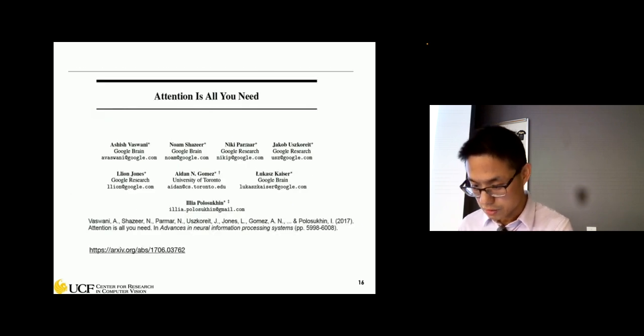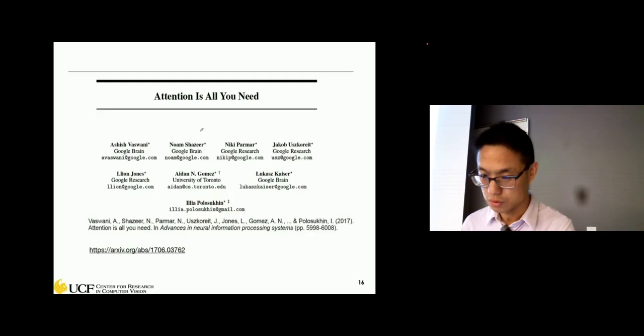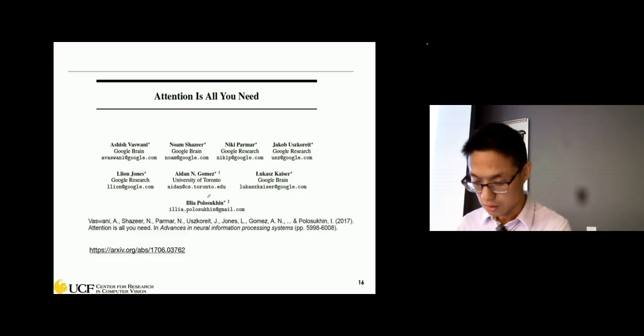But then let's move on to the transformer paper, to see how exactly they involve a learning component so that we're able to dynamically optimize what kind of weights, what kind of attention we want to assign to different tokens.